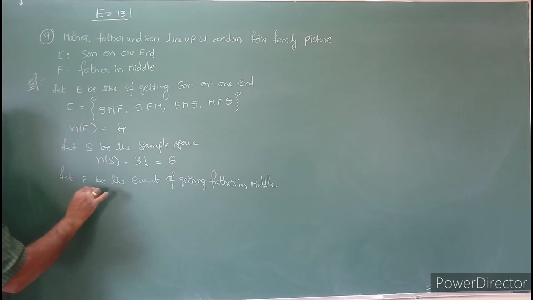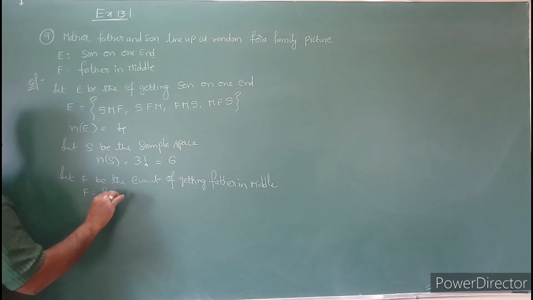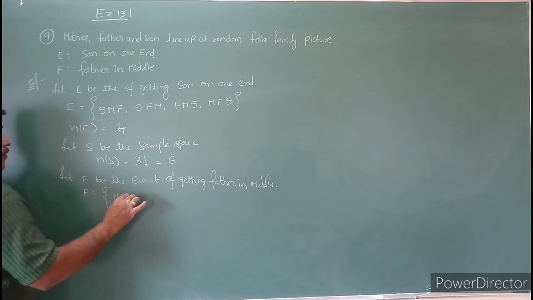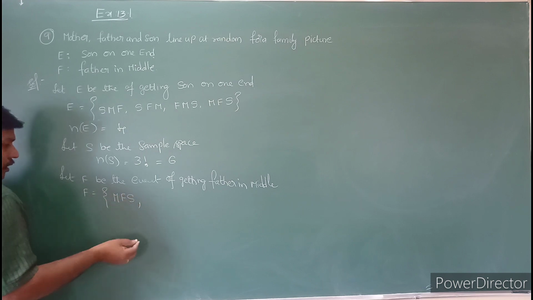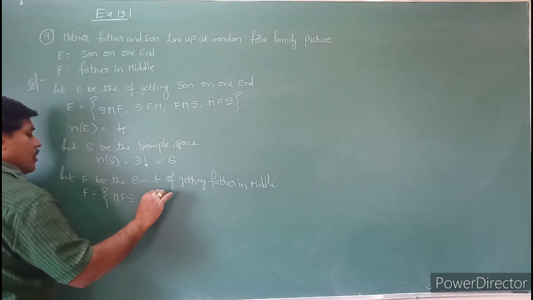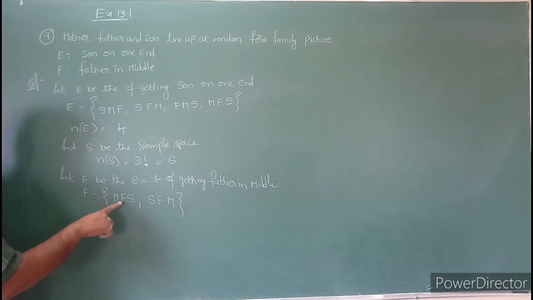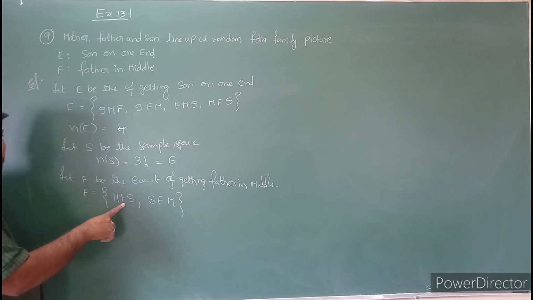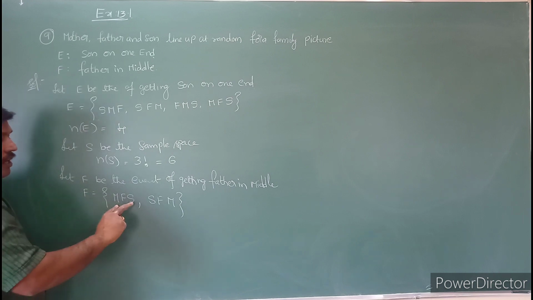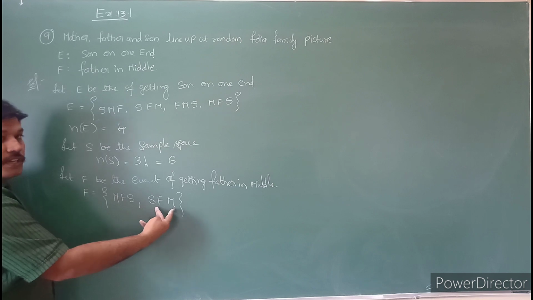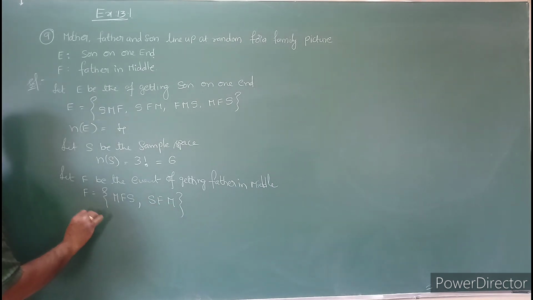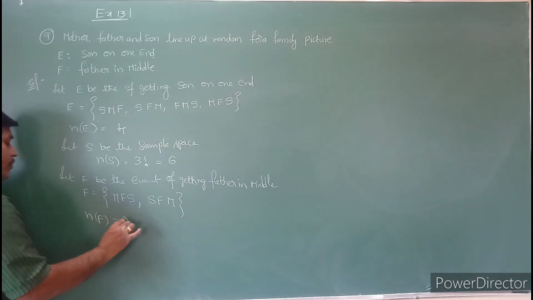F is equal to, you can take it as the father in the middle, that means mother, father and son, or son, father and mother. In both cases, father is in the middle. What is the shuffle? Mother and son are shuffled here. That's all. So what is n(F)? n(F) will become 2 only.